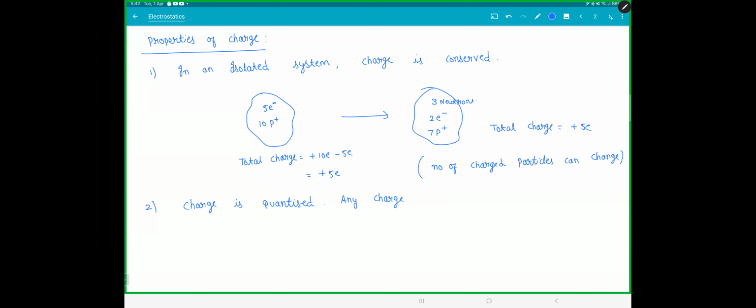Anything that you give or take has to be a multiple of a certain minimum quantity. For example, think about this way. Right now, the smallest denomination you can have is like 50 paise. So a 50 paise coin is the smallest denomination that we have right now. That means any amount of cash that I give you has to be a multiple of 50 paise, meaning I can give you 23 rupees 50 paise.